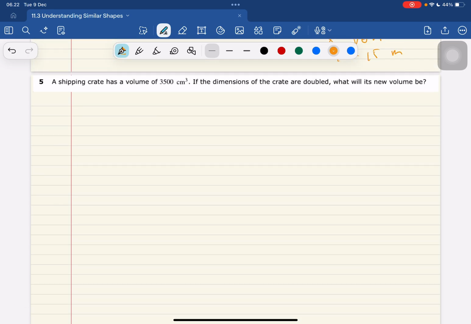Okay, this is the volume. The volume is 3500, and we don't know the new volume yet, so let us call it y. The dimension is x, and doubled, so this is 2x. We cube it. So this is 3500 over y equals x cubed over 8x cubed.